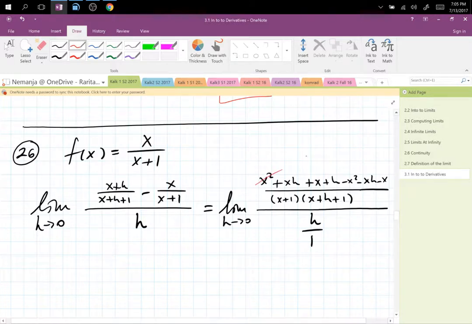So the x squares cancel, xh and xh cancel, and x and x cancel. All that's left is positive h.